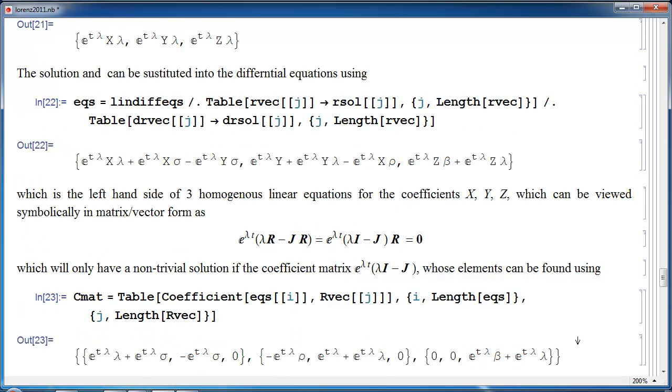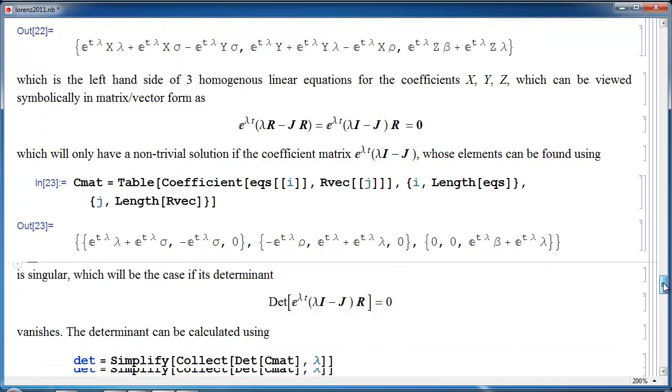Here it is here. And the condition that this matrix be singular is that the determinant of the coefficients be 0, which is symbolically this, and we can work this out here for our matrix C using this.